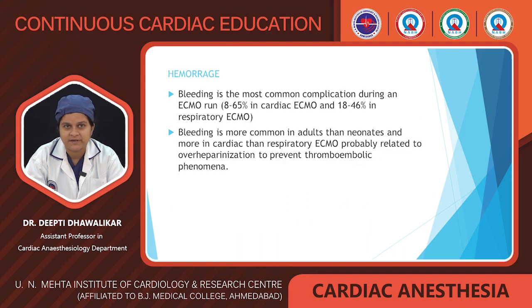So first, coming to hemorrhage, bleeding is the most common complication during an ECMO run, accounting for about 8 to 65% of cases in cardiac ECMO and 18 to 46% in respiratory ECMO. Bleeding is more common in adults as compared to neonates and more in cardiac than respiratory ECMO, most probably related to overheparinization to prevent thromboembolic phenomena.